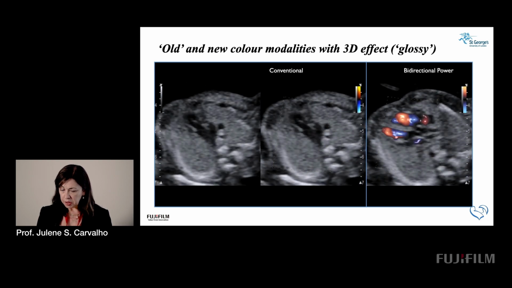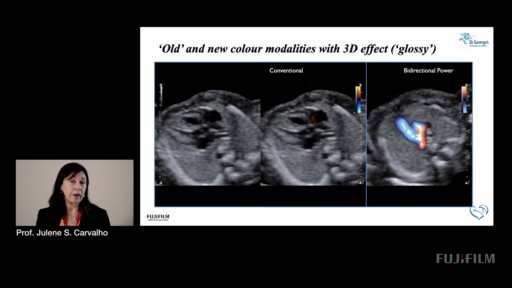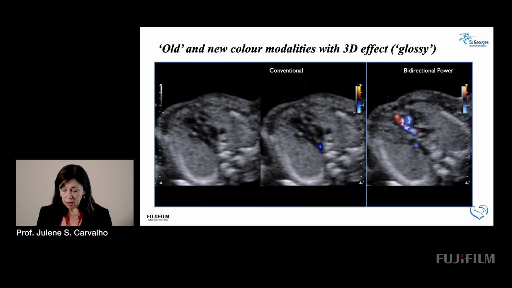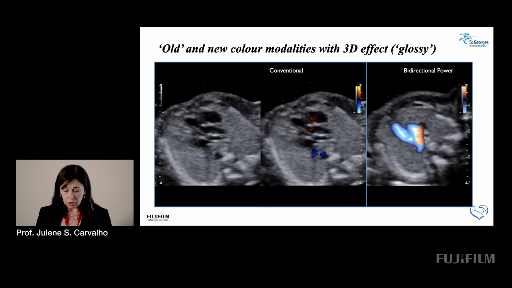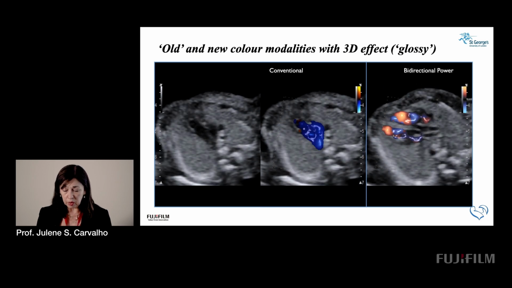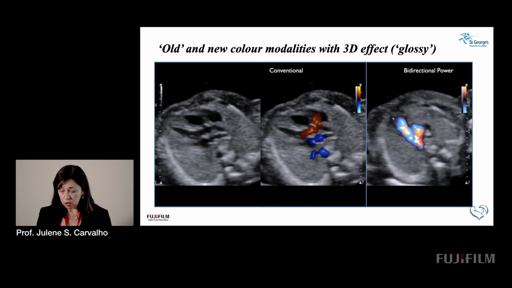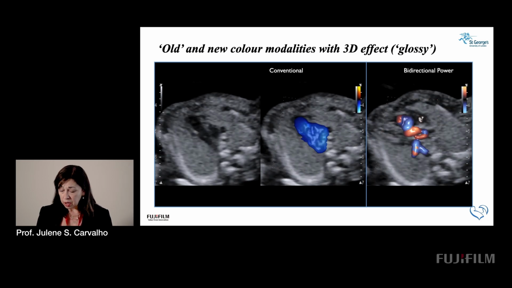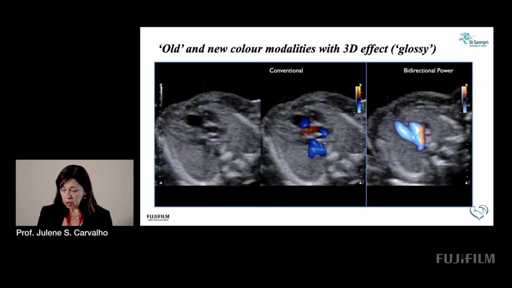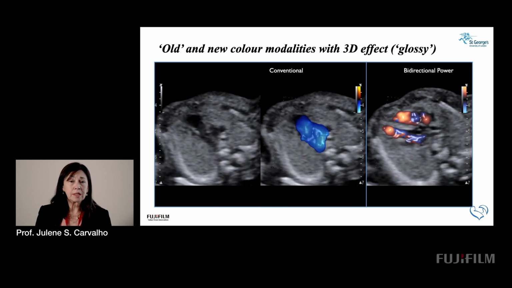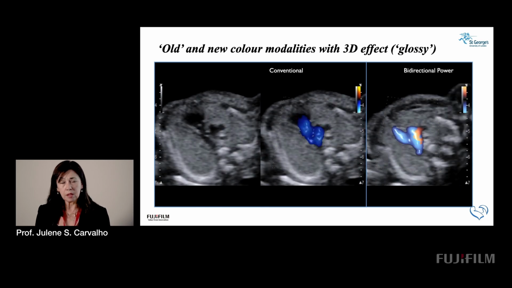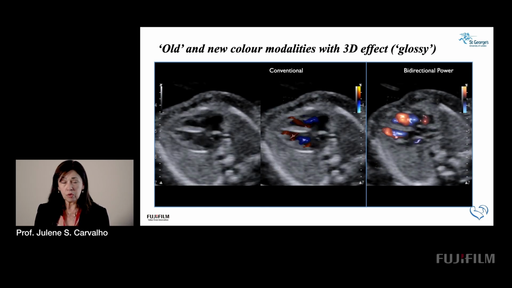On the Fuji system, when you switch on the glossy effect of these colors, which you can put on the conventional colors showing here, you can see nicely a sweep from the 4-chamber to the vessels without color. That's with the conventional color, and this is with bidirectional power Doppler, which can give more defined information. We lose the velocity scale, so you need to come off the glossy setting to be able to read the velocities.